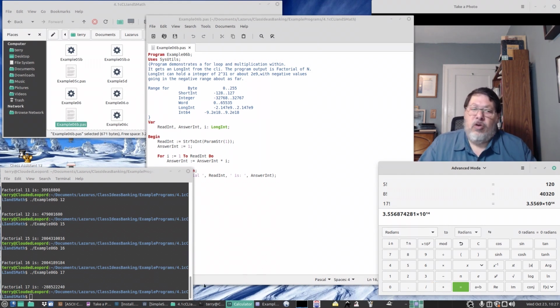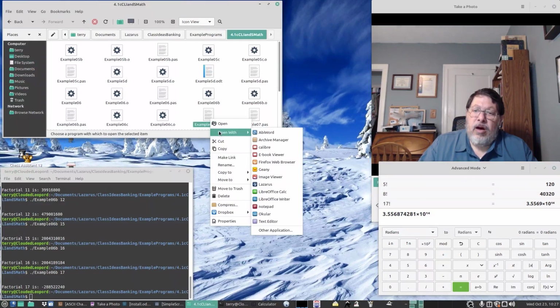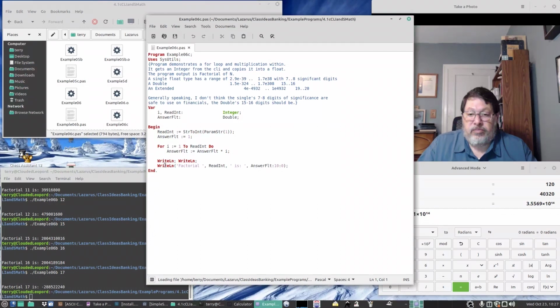You can also do factorials with floats, and that's what that is there. That's a float. It's not that different. You're basically saving the value in a floating point value, but you can still multiply the integers with a floating point, giving a result of a floating point. That's the only real difference here.